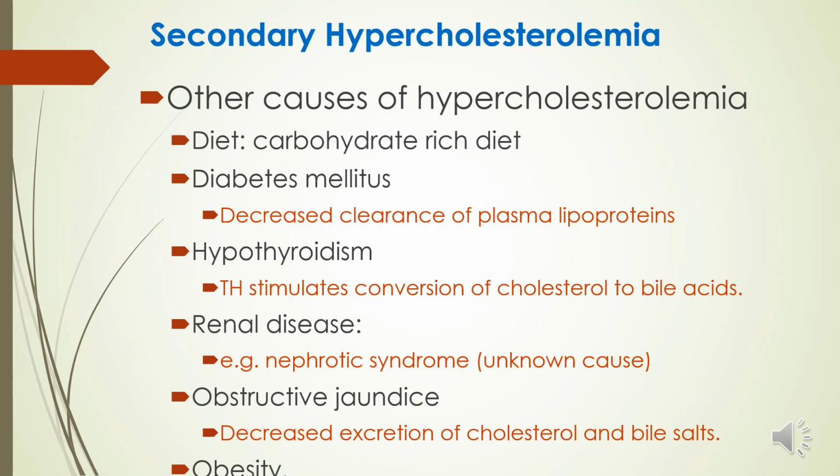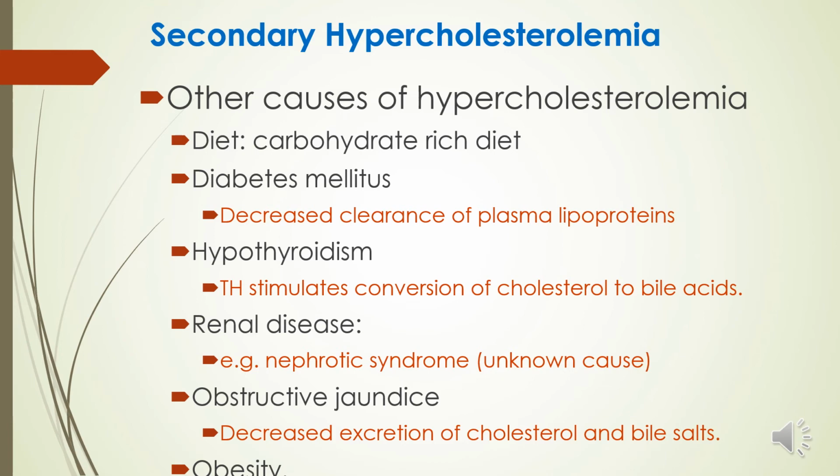Other causes or secondary causes of hypercholesterolemia include a carbohydrate-rich diet, which provides the substrates for cholesterol synthesis. Carbohydrate provides acetyl coenzyme A and reduced NADPH for the synthesis of cholesterol. A second cause is diabetes mellitus, where lipid and all other types of metabolism are disturbed.